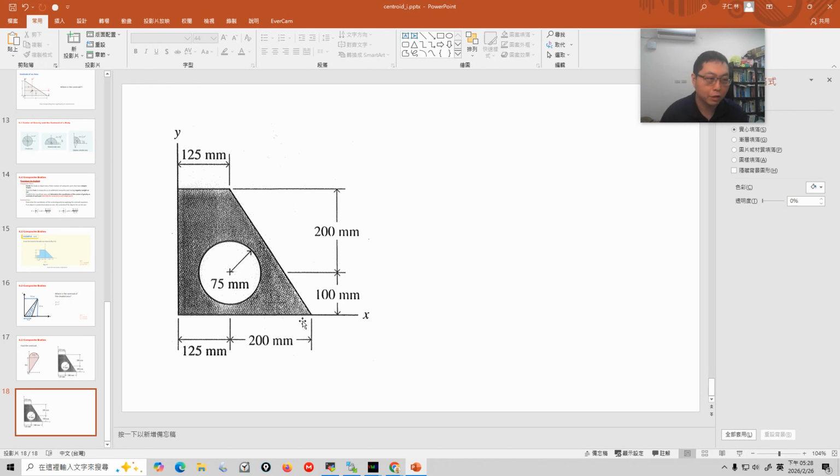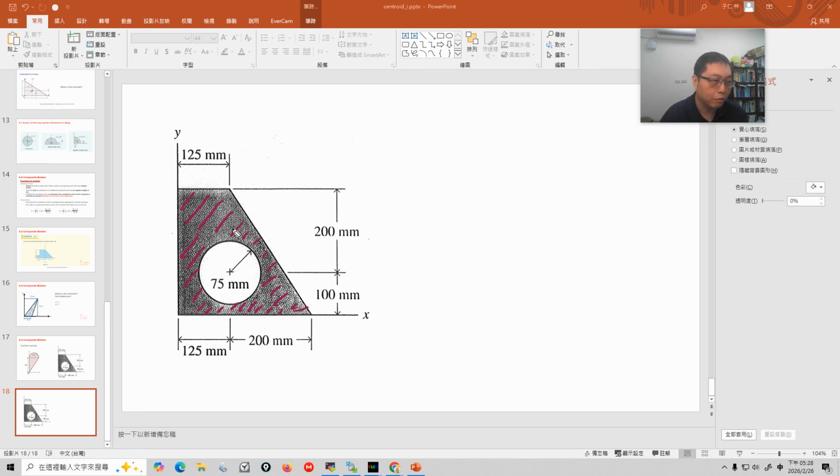I use this example because we are going to calculate the centroid of this area. Actually, this area can be viewed as the subtraction of simple shapes. In the previous example we said the composite area can be seen as the addition of simple shapes, but now sometimes you can say the composite area can be the subtraction of simple shapes.